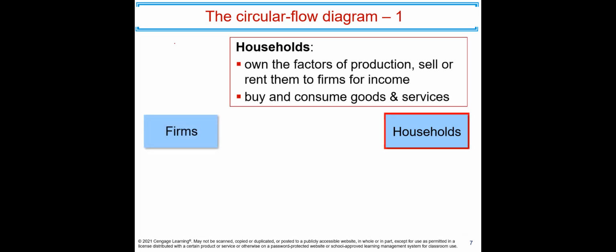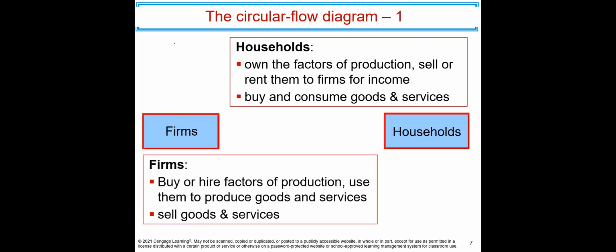We have two main agents in the economy, households and firms. Households own the factors of production. That means you look for a job, you have the labor hours, so you supply factors of production to the market. And in return, with the wage they earn, they buy goods and services. Firms buy or hire factors of production.